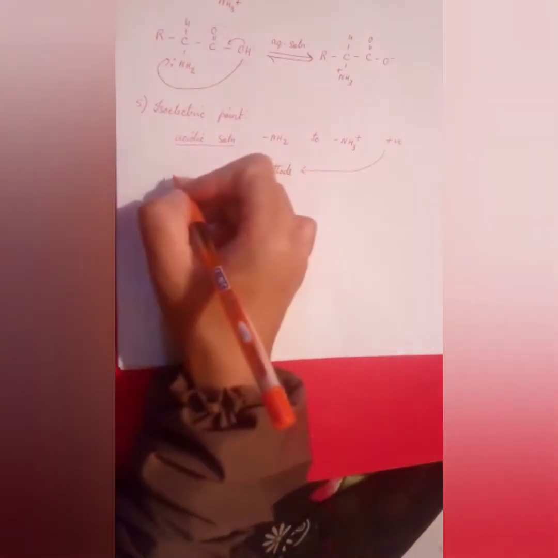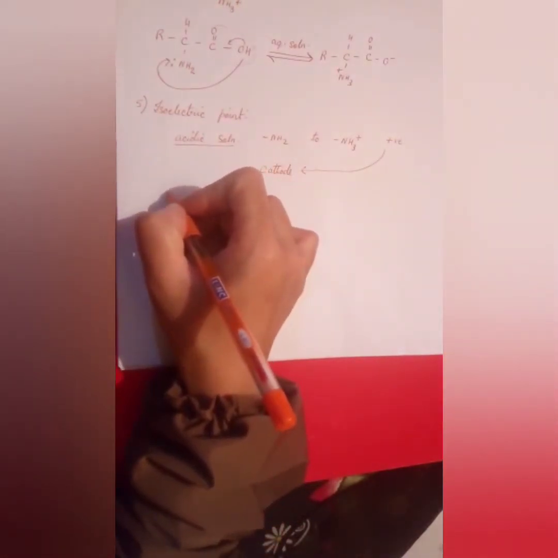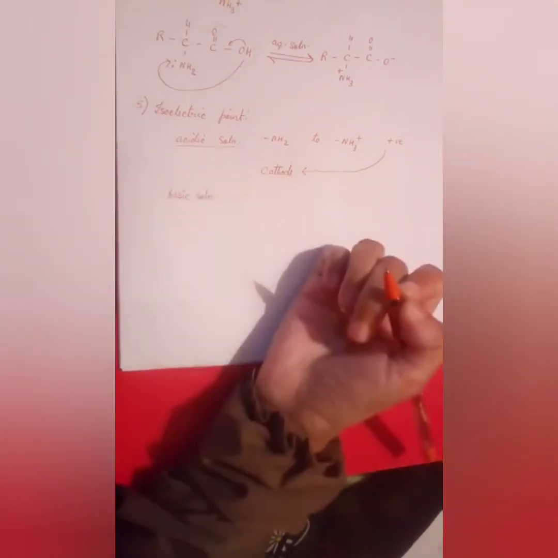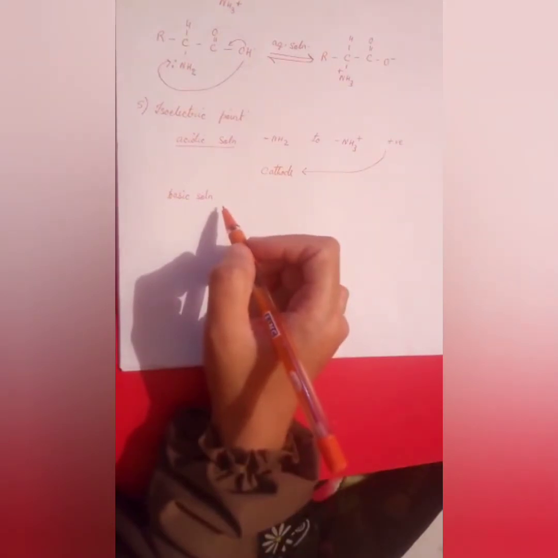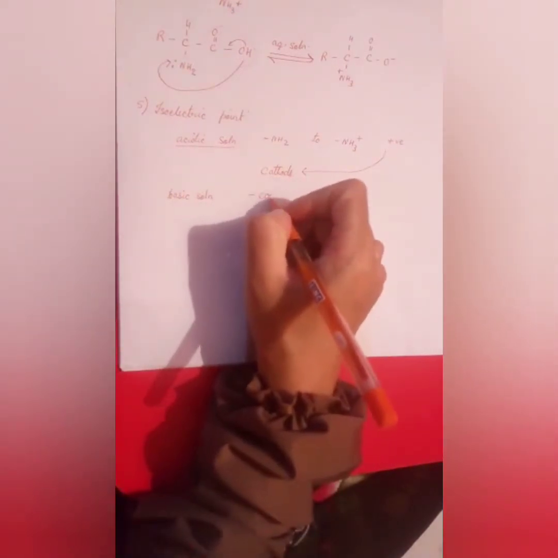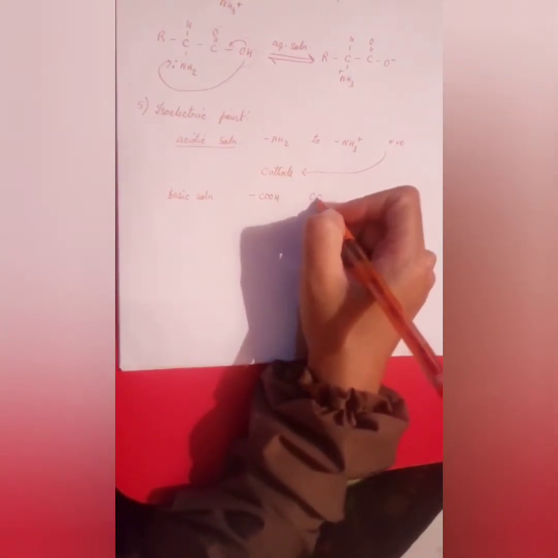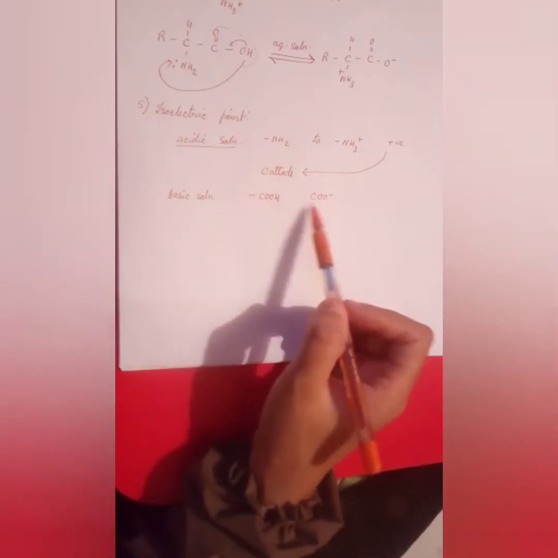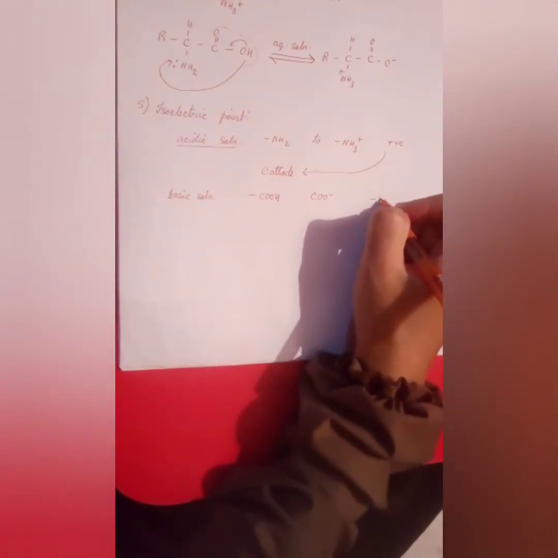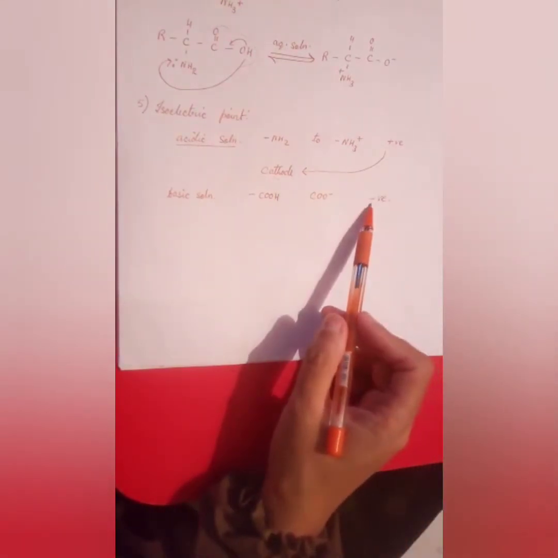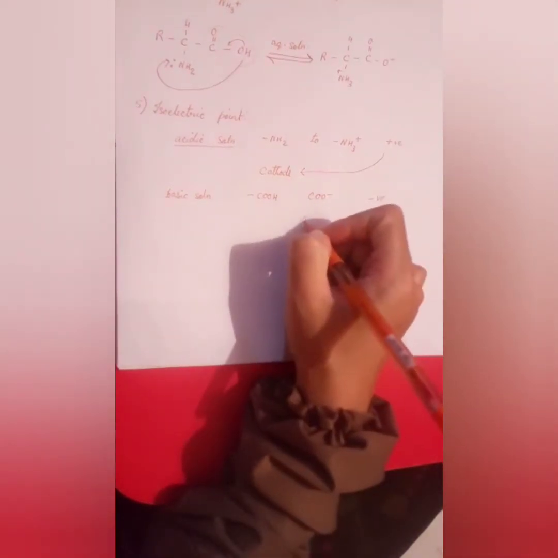And when an amino acid is dissolved in basic solution, the COOH group gets deprotonated to COO minus. So in this case, the whole amino acid becomes negatively charged, and thus it will migrate towards the anode.